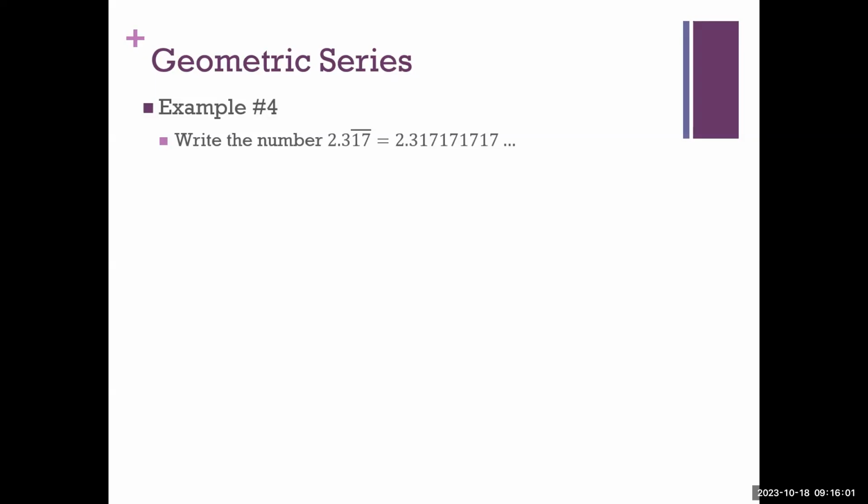That's kind of a giveaway. This thing should be equal to some integer a divided by some integer b. Any ideas on how we can use the tools of series, geometric series specifically, to get there?